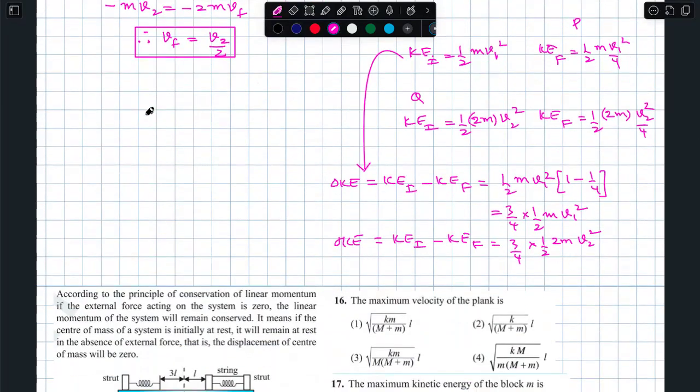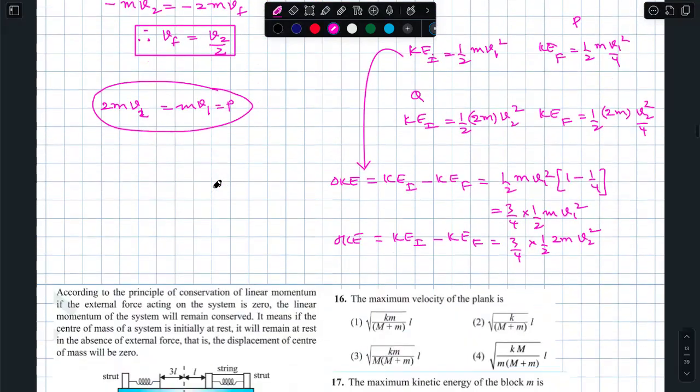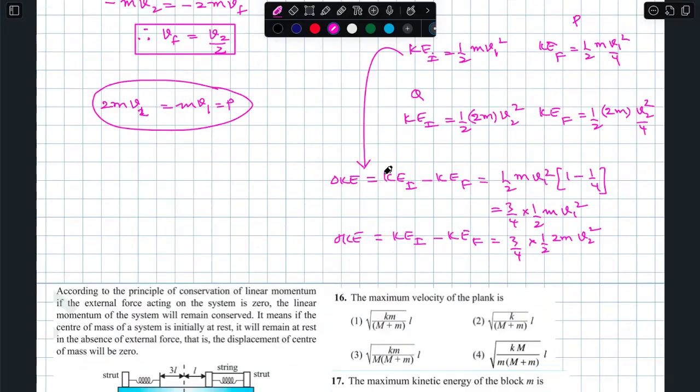So now, one minute. See whether you take 2m v2 or m v1, it is the same because the linear momentum is conserved. Let this be some p. Right. Now the question is the total. This is actually the loss. So what will the total loss be? Total loss is 3/4 common, half common.